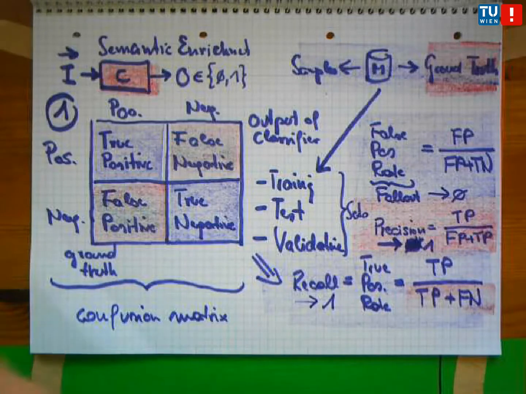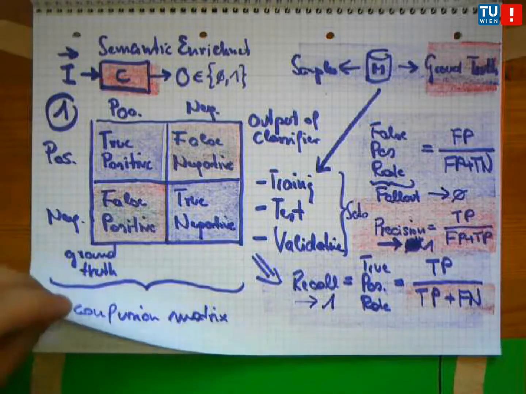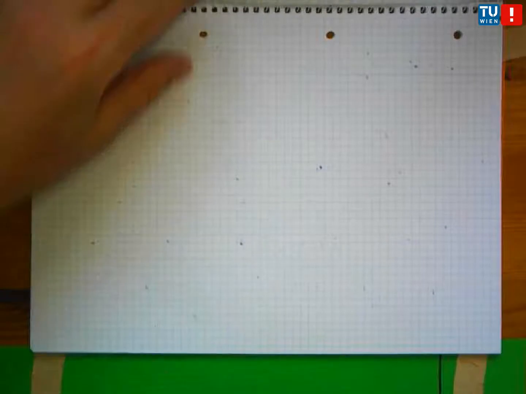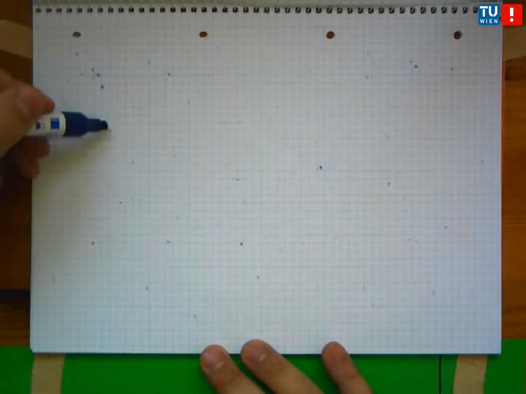Okay, so much for the simple indicators that are based on the confusion matrix. The next thing that we want to have a look at is how we can visualize these measures. There are essentially two forms of graphs.